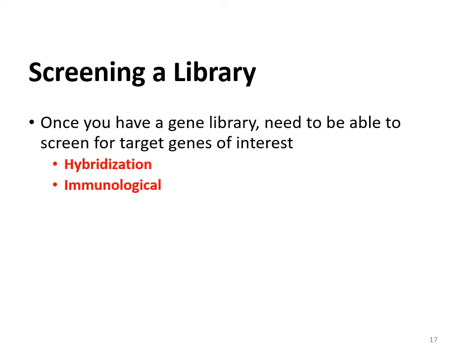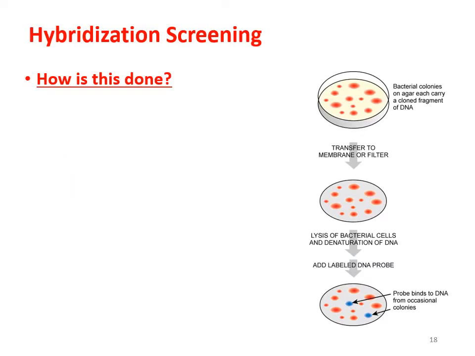Immunological, you're now using antibodies to screen for gene products, okay, the proteins produced by the genes. Okay, so hybridization, you're going to be looking for DNA. Immunological, you'll look for proteins, particular proteins. Okay, so the first method is hybridization screening. Okay, I'm going to go through first, and then I'll give you the recap slide for you to take down your notes.